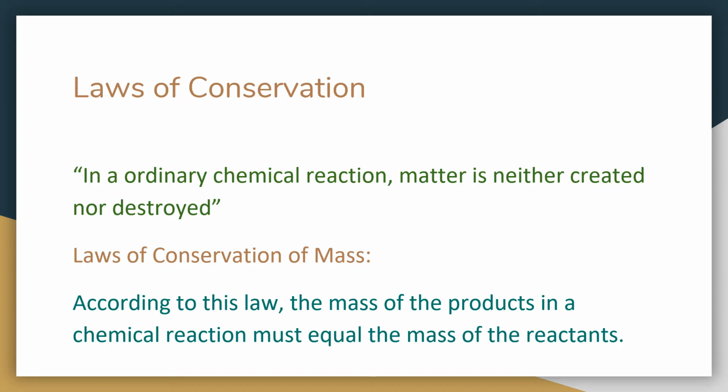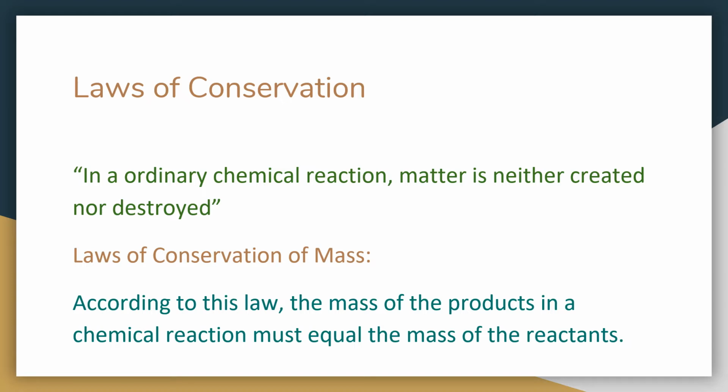So we have this laws of conservation, and one of them is kind of a basic one, saying in an ordinary chemical reaction, matter is neither created nor destroyed. So it's basically rearranged, is a way of looking at it.